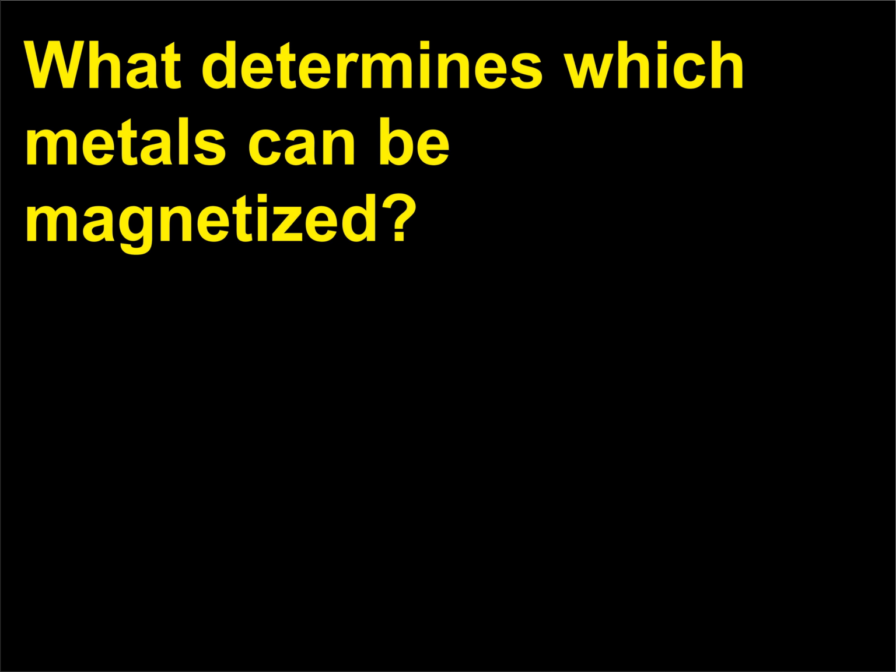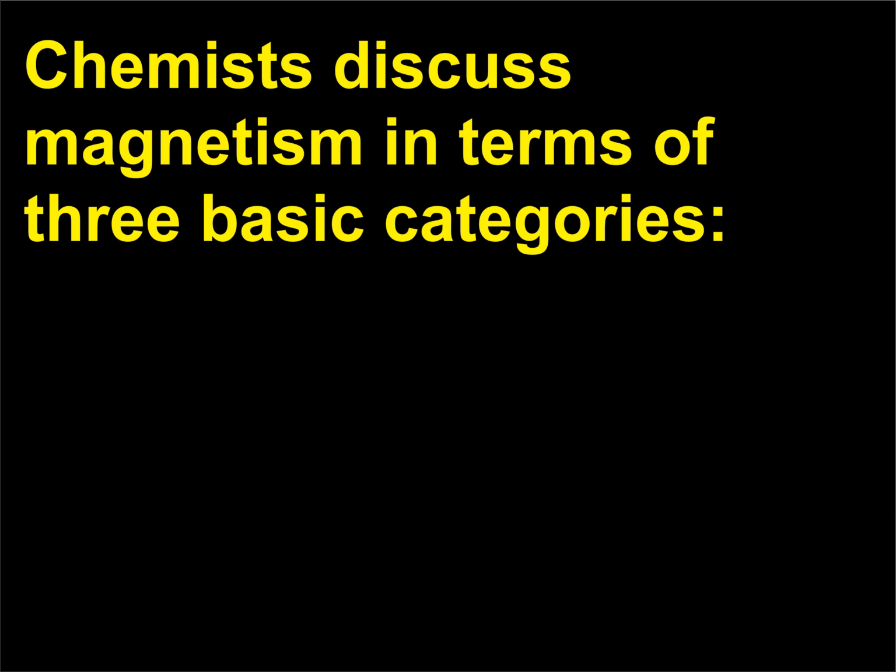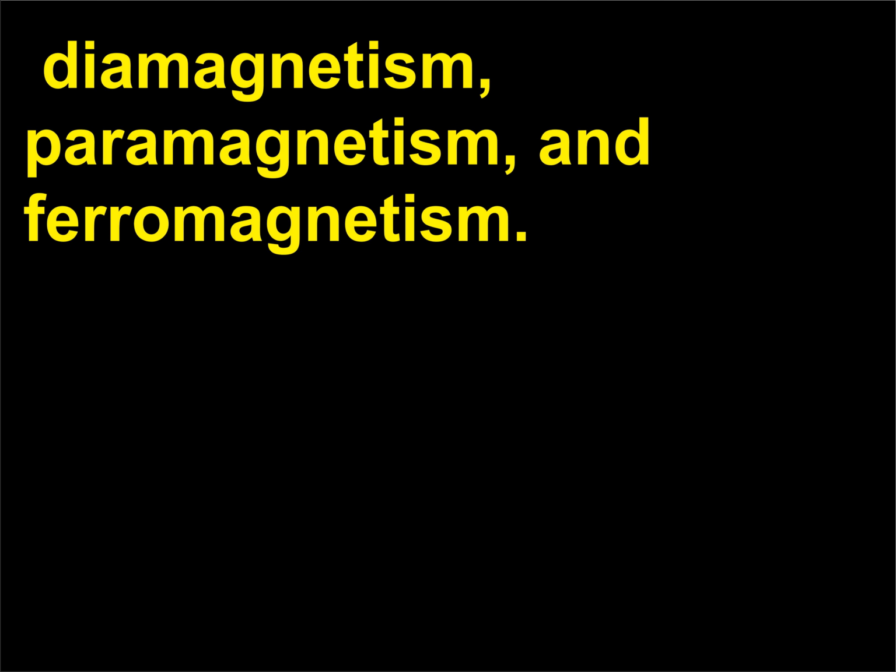What determines which metals can be magnetized? Chemists discuss magnetism in terms of three basic categories: diamagnetism, paramagnetism, and ferromagnetism.